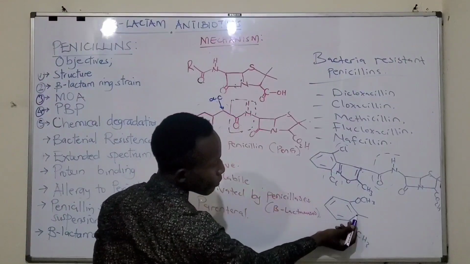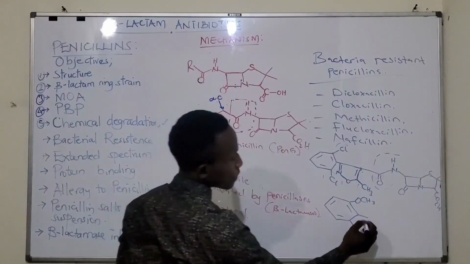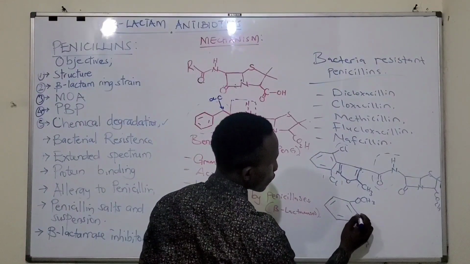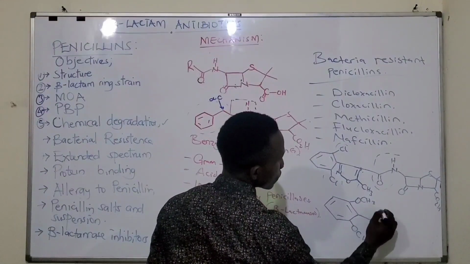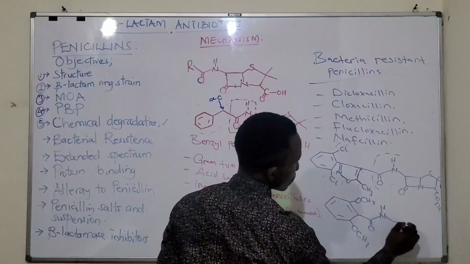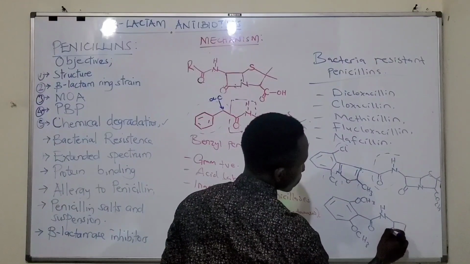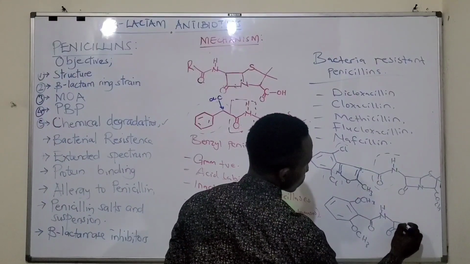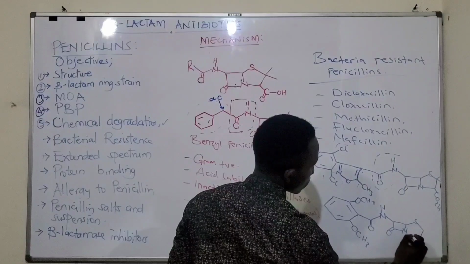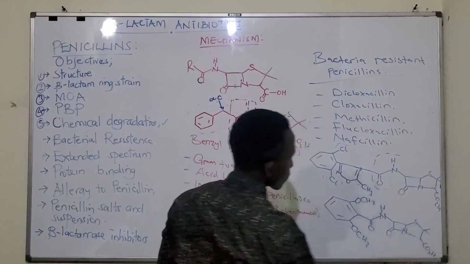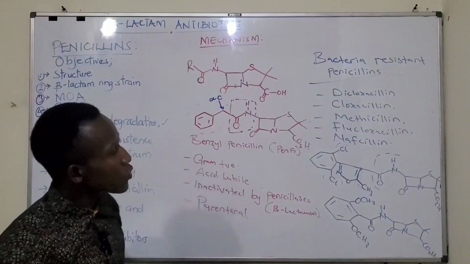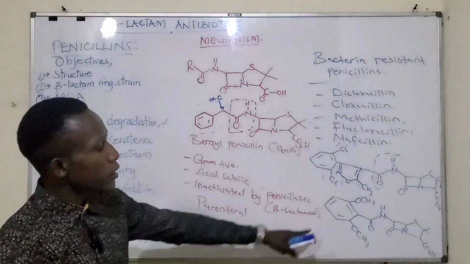So the alpha carbon is part of the ring structure. Now here we have, now the amide group comes. So that's the structure of methicillin.